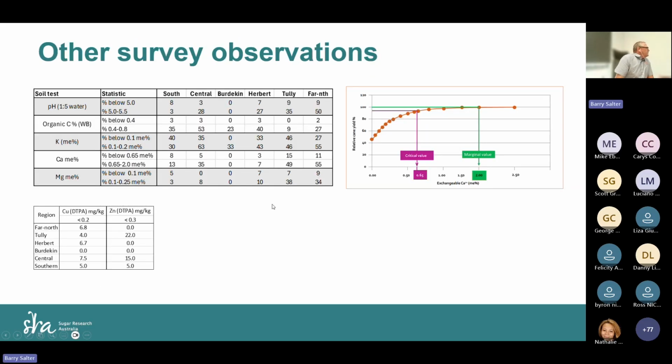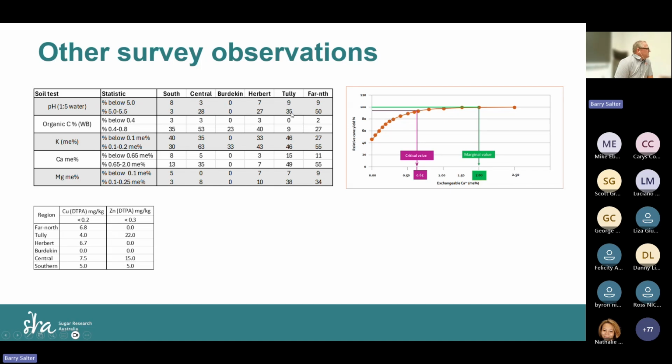And just some of the other observations from that leaf and soil survey, there was a high percentage of samples where pH was less than 5.5. I showed this the other day. In 31% of the samples in the central region, pH was below 5.5, and similar in some of the other regions. In Tully, 44% of the samples were less than 5.5.